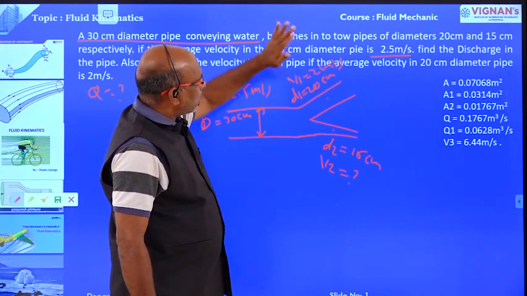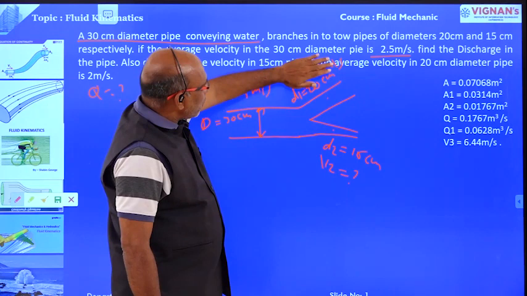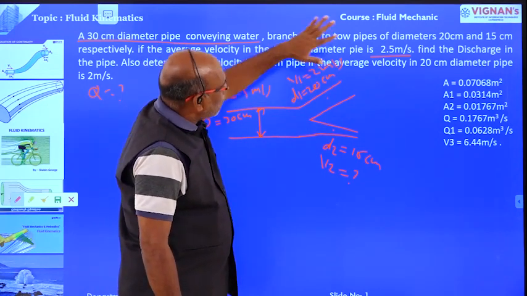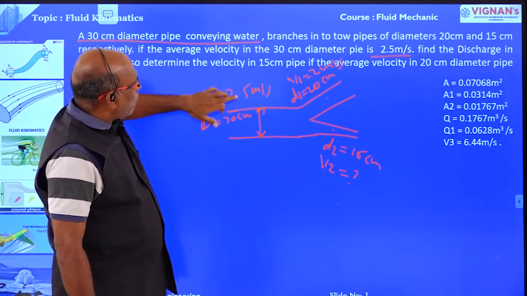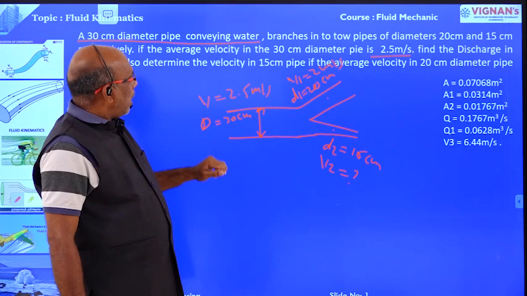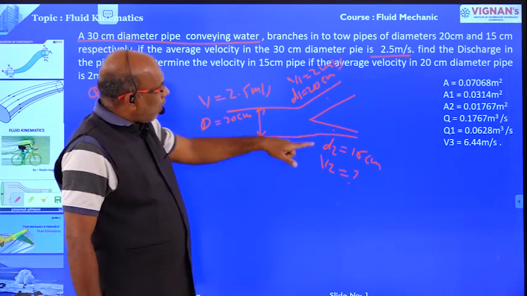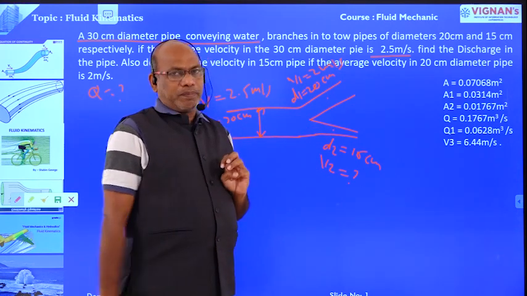One is a 20 centimeter dia pipe, another is a 15 centimeter dia pipe. The velocity in the 20 centimeter pipe is 2 meters per second, and the velocity in the main pipe is 2.5 meters per second, and the diameter of the main pipe is 30 centimeters. What is the velocity in the 15 centimeter dia pipe?